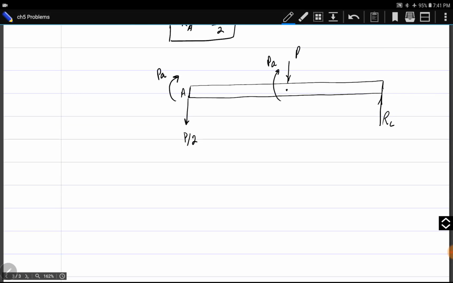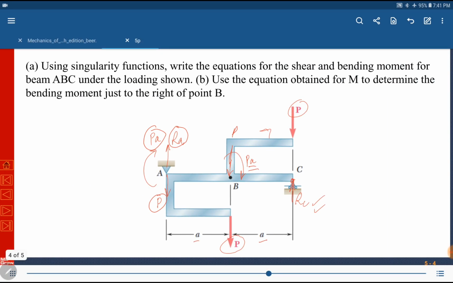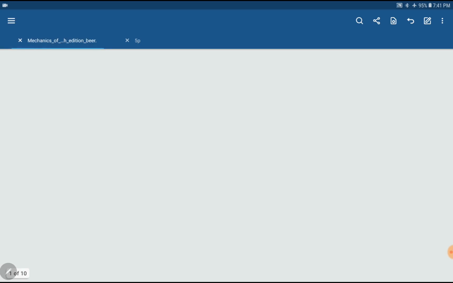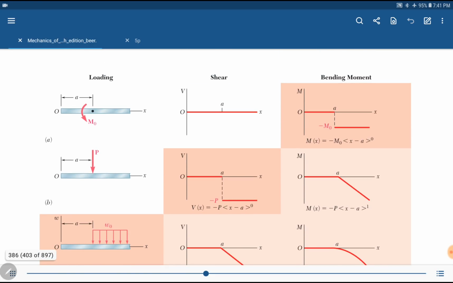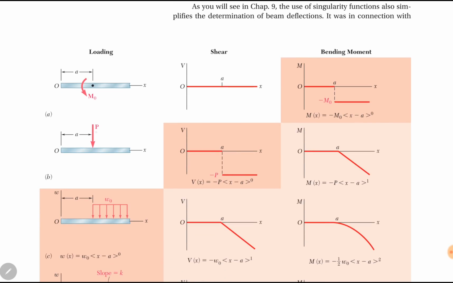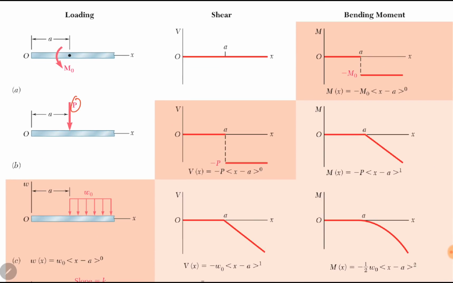Okay, to write singularity functions for this diagram, V of x minus V naught is equal to, we will go to the table. In the table, for a downward force P, the singularity function of shear force is minus P into x minus a power 0.